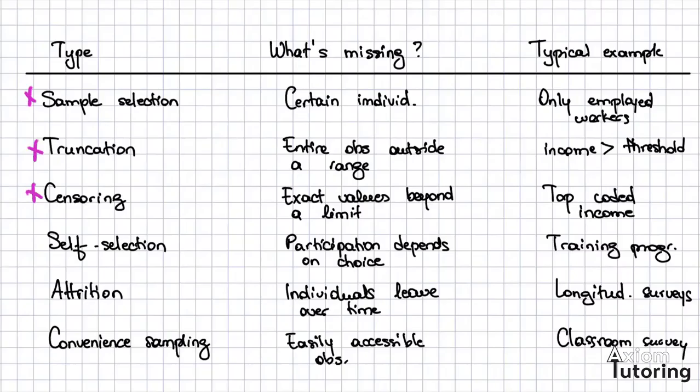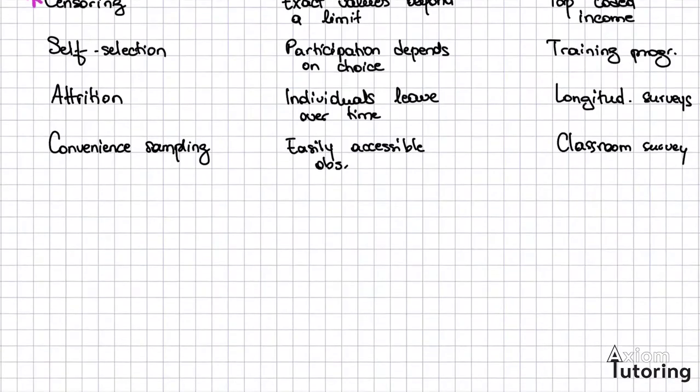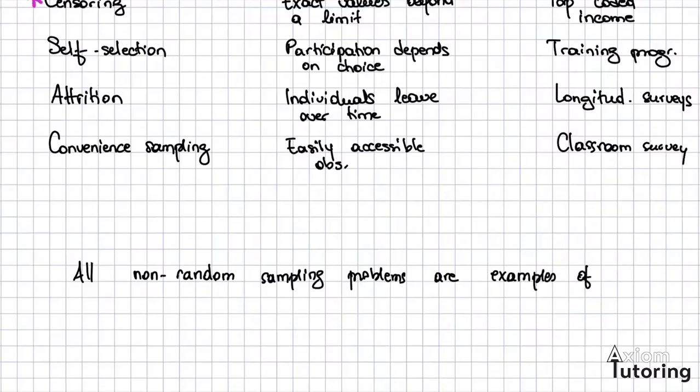Before we conclude this video, I'd just like to point out a very common misconception about non-random sampling, and that is that all non-random sampling problems are examples of sample selection bias.